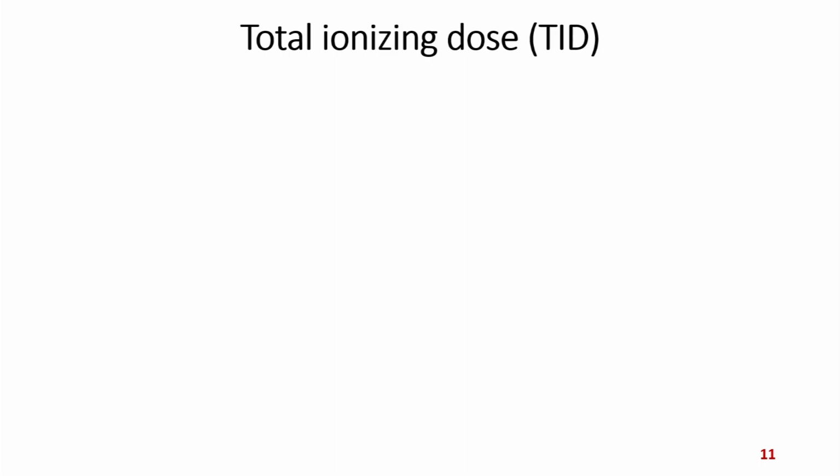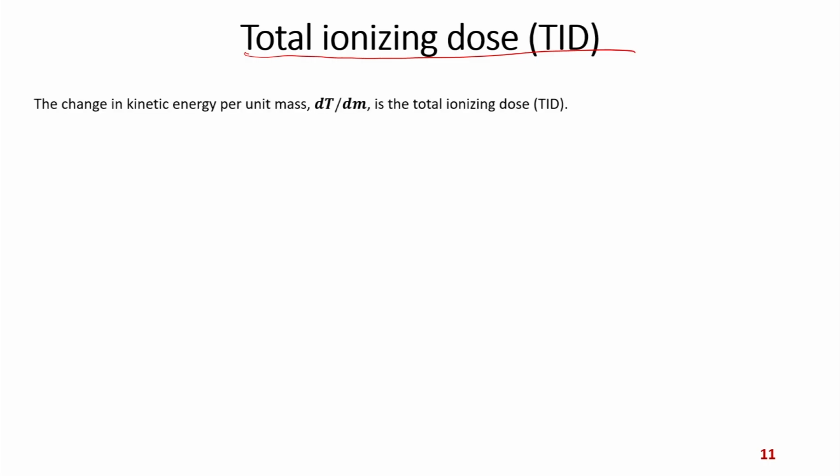Now, let us see another very important term, that is called the total ionizing dose. Let us define that one. Here it is the change of kinetic energy per unit mass. So, that was per unit length, here it is per unit mass. So, this is called the total ionizing dose.